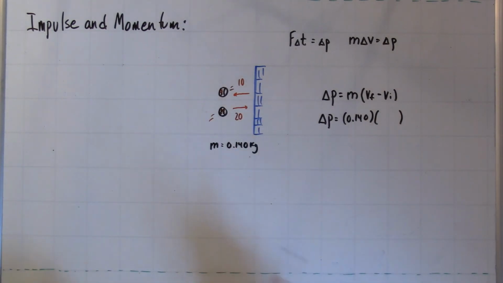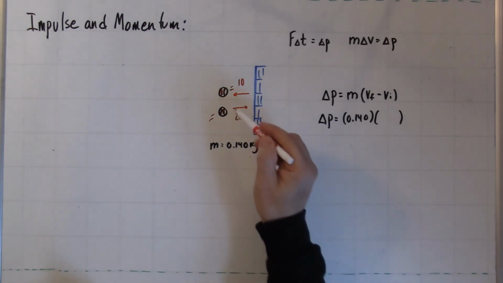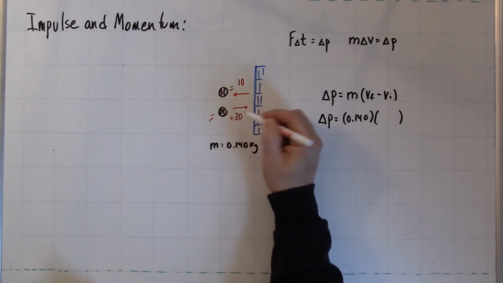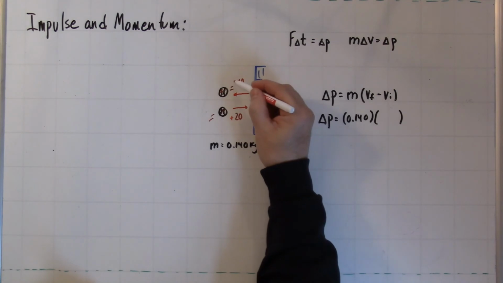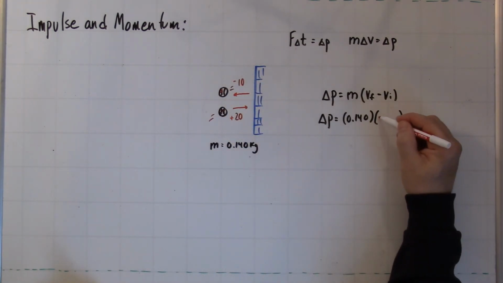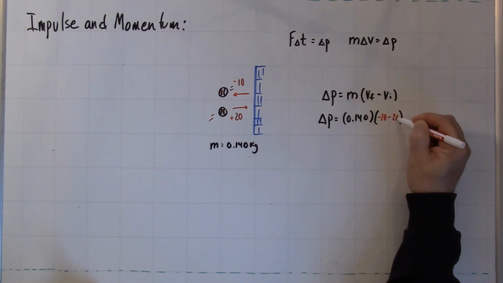Now you're going to be tempted to think it's 10. Oh, it went from 20 down to 10, the change is 10. But I don't think it is, because these are the speeds, they're not the velocities. If you look at this one, which way is it moving? This one is moving to the right, so its velocity is positive 20. And this one's moving to the left, so its velocity is negative 10. So when I go to put this in here, this is actually negative 10 minus 20.